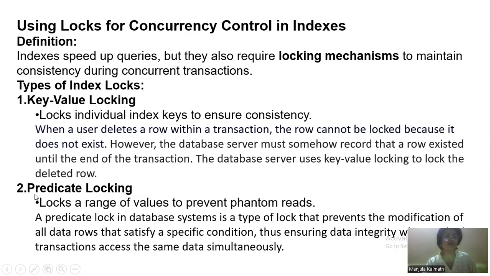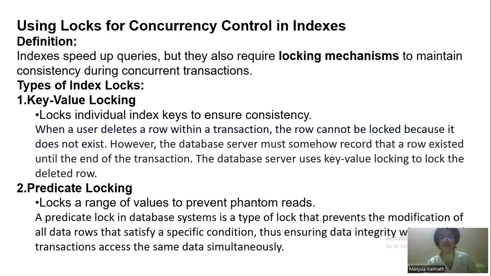And then we have predicate locking. Predicate locking locks a range of values to prevent phantom reads. Phantom reads mean that when we read the data repeatedly, we get different outputs. So with a predicate lock, using predicate logic, we go for complex queries to prevent intervention of a third party.